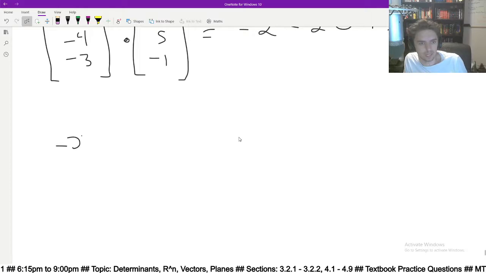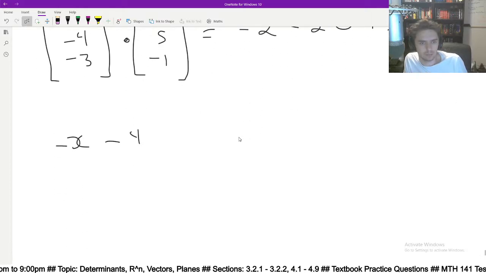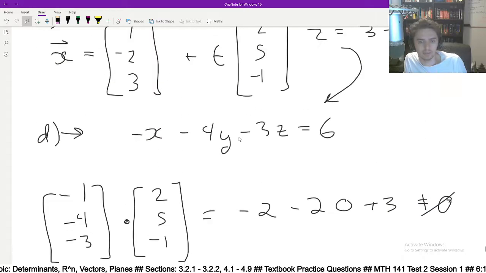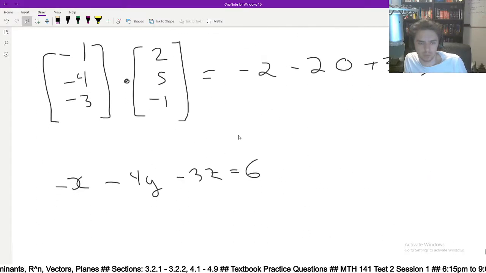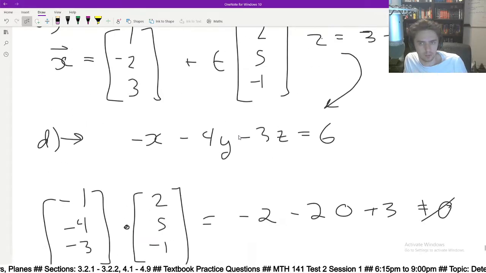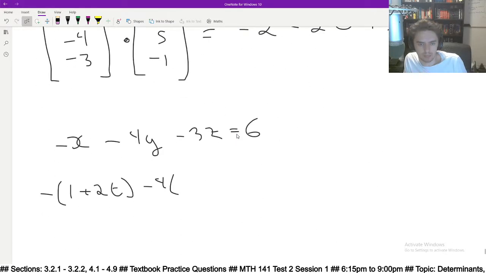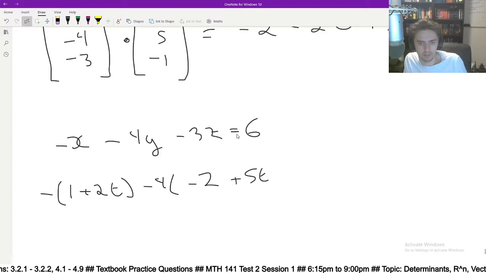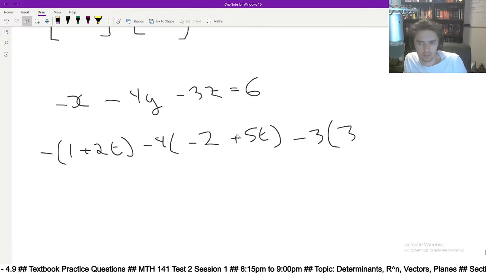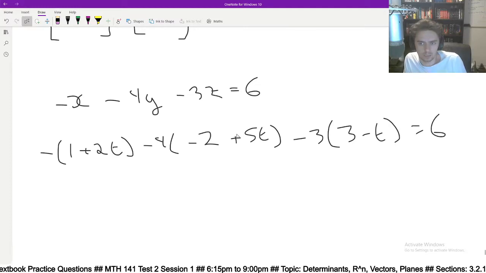So the equation was negative x minus 4y minus 3z equals 6. And so my value for x was 1 plus 2t. So negative (1 plus 2t) minus 4 times (negative 2 plus 5t) minus 3 times (3 minus t) equals 6. Let's try to solve for t.